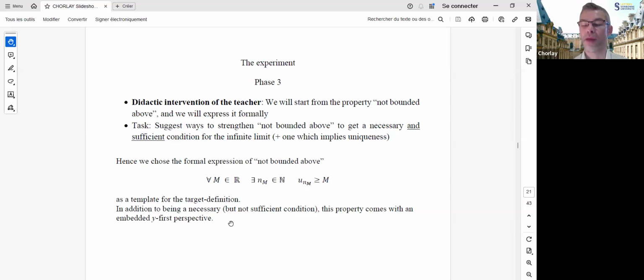Namely, the standard metaphors say something like, as n tends to positive infinity, then the values of the sequence also tend to positive infinity.